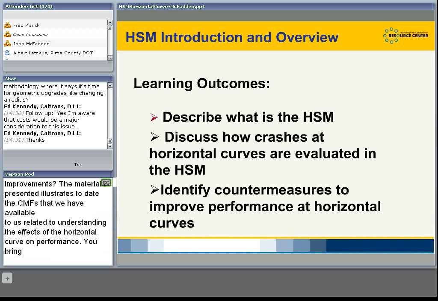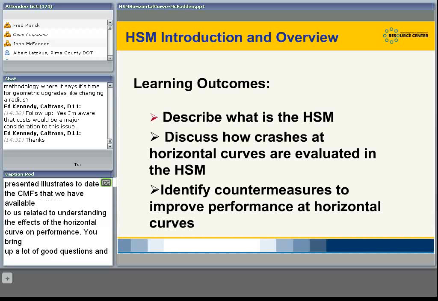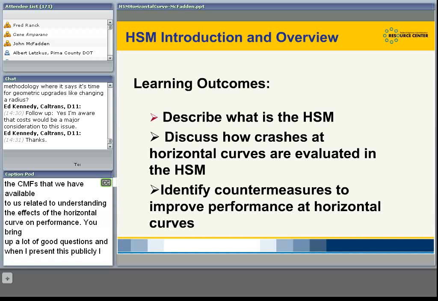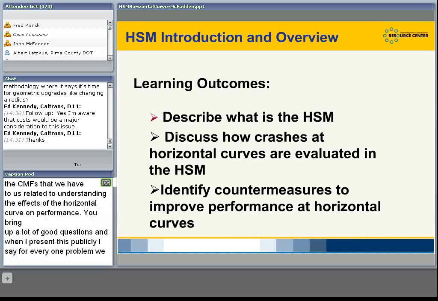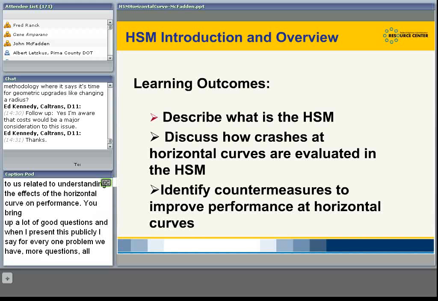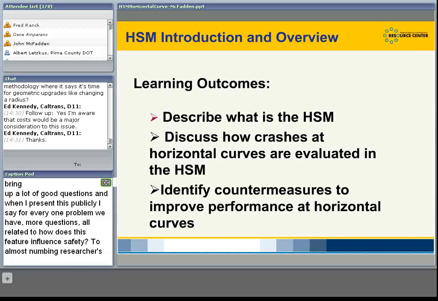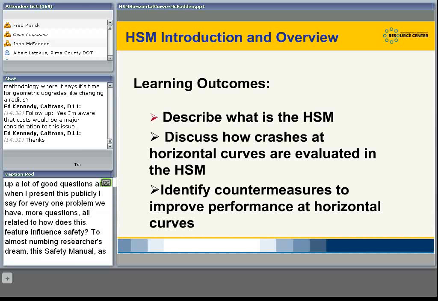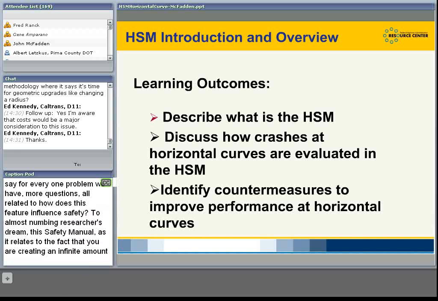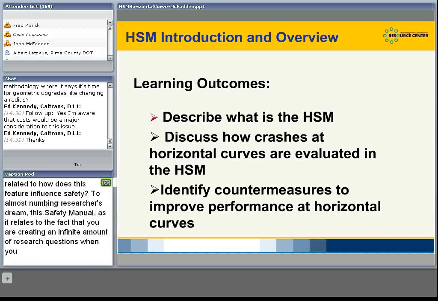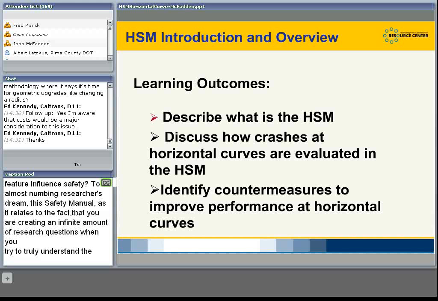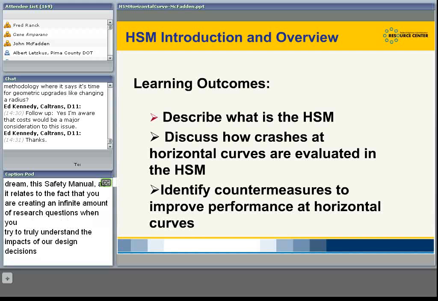And Gene, I'm reading through here and I see there's a question related to CMFs and whether they exist for, for example, pavement safety edges, botts dots, or RPMs, I guess is what they're referring to there, for raised pavement markings, side friction factors, and pavement surface improvements.